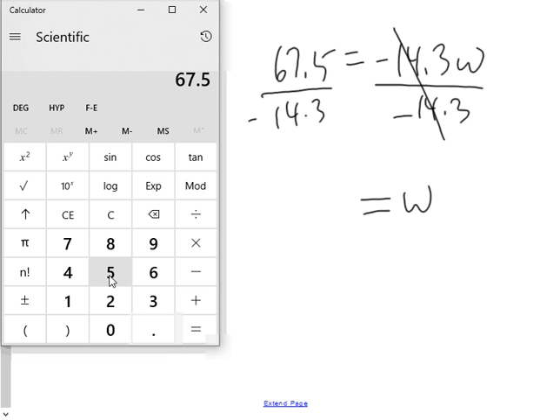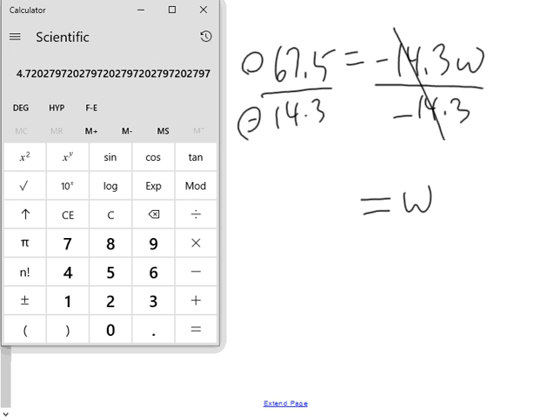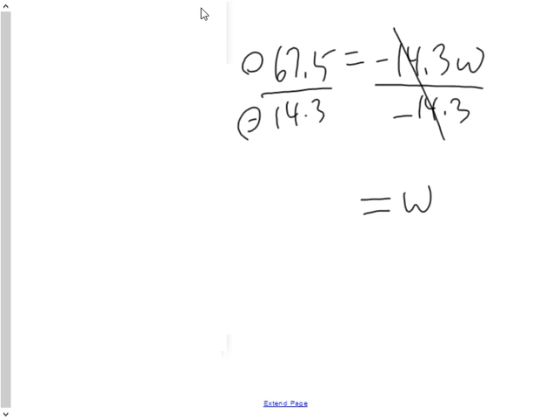I'm not going to do the negative sign this time because when I'm multiplying or dividing, I just follow sign rules. I know that's going to be a negative because it's a positive divided by a negative. It says round to the nearest tenth, so approximately 4.7.